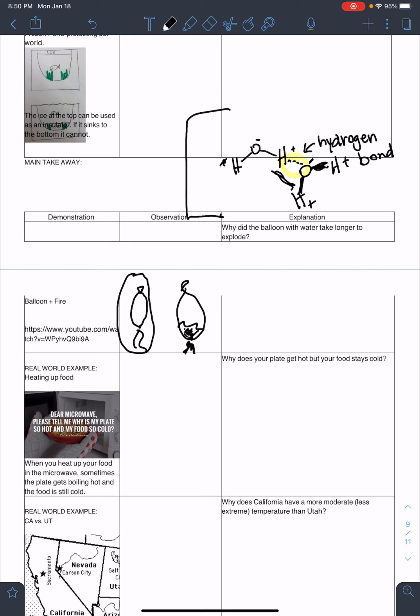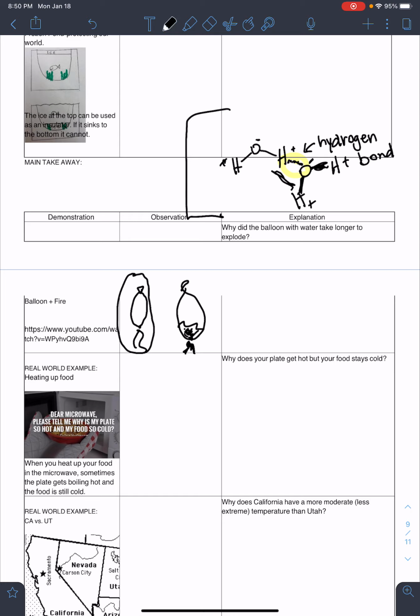And so let's look at our hydrogen bonding and think why it might be hard for us to heat up water. You'll notice that water has these hydrogen bonds that are kind of strong. And so we're going to have to try to break up these hydrogen bonds in order for us to heat up the water. So this heat's coming up and trying to break up these bonds. And so some of the energy is used to break those hydrogen bonds rather than popping the balloon.